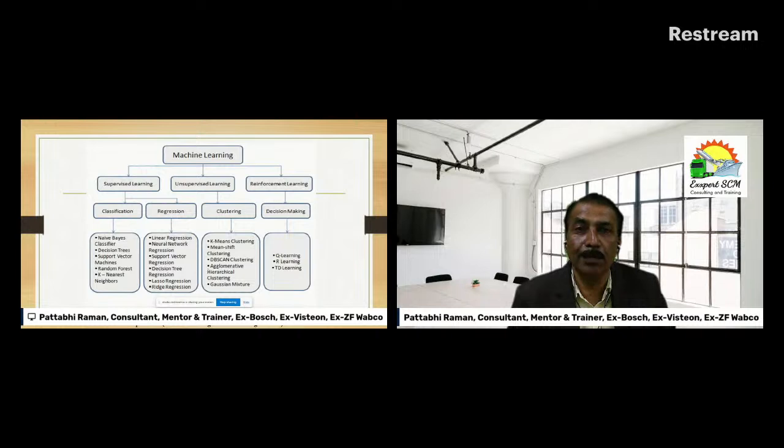As you see, in supervised learning we have two different types. One is called classification. Based on the data and the label, if you feed any data, it is going to say yes or no, zero or one, or male or female. And when it comes to regression, here we are talking about a continuous variable. Here it is able to predict a number.